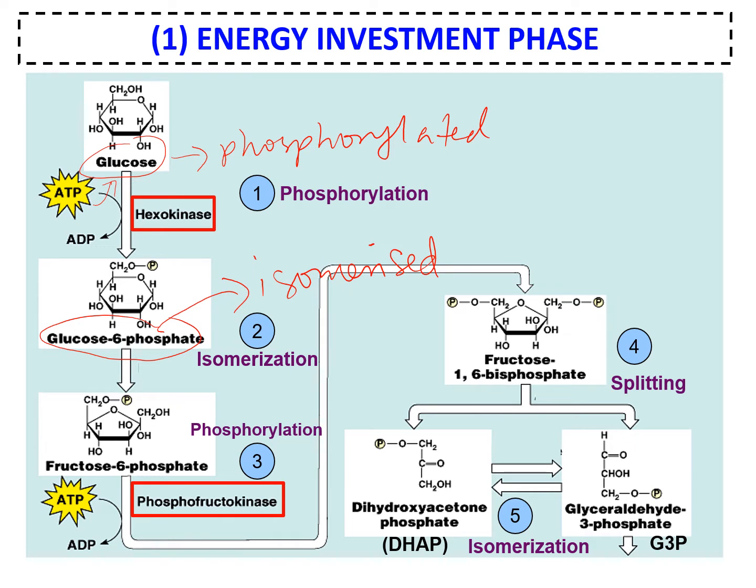As you can see, there is a major rearrangement of the molecules in the glucose into fructose, but the phosphate is still maintained at the 6 carbon. The 6 here means the phosphate is attached to carbon number 6.